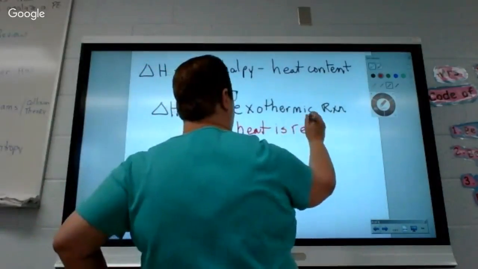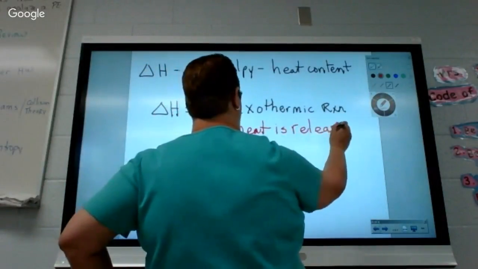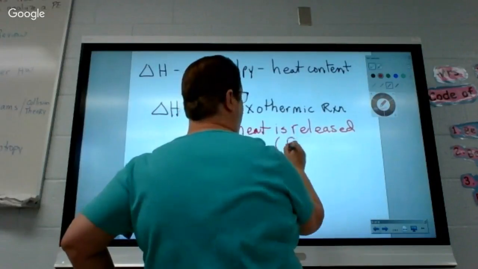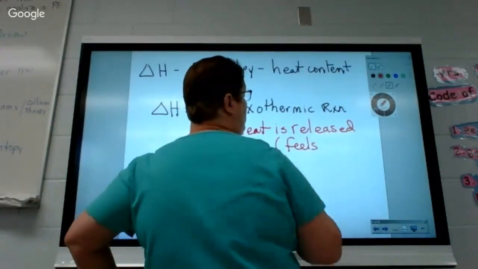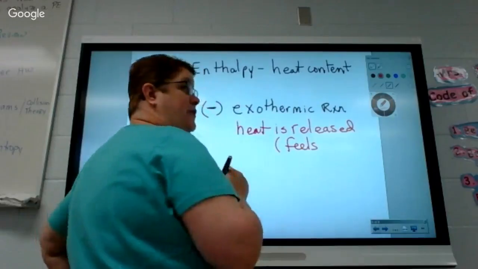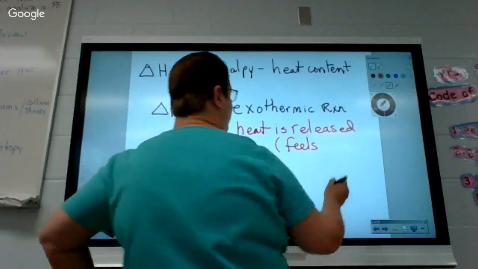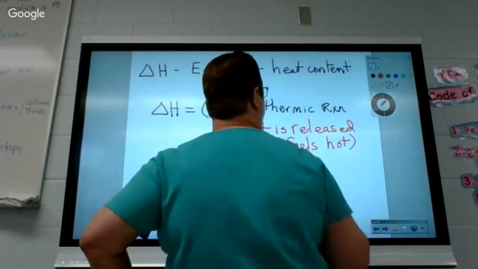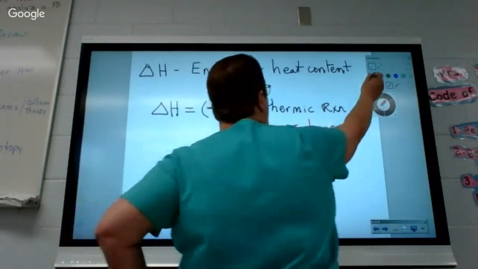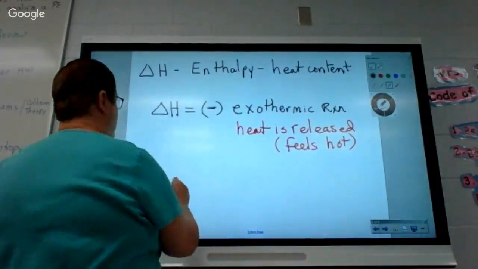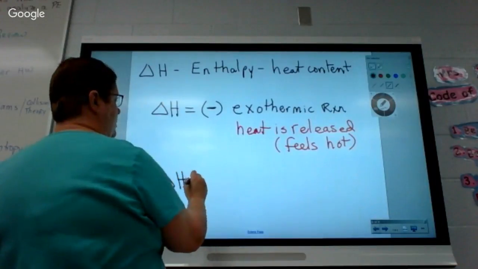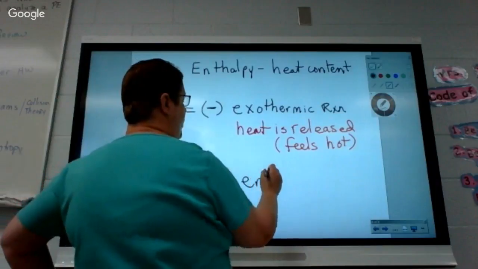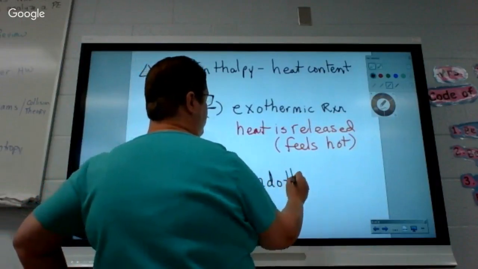Good. How does it feel to the touch, just as review, since we have a benchmark coming up? How does it feel to the touch? We're supposed to have taken one yesterday. No, today's second period. Feels hot. Okay. Delta H, if it's positive, then it is endothermic.